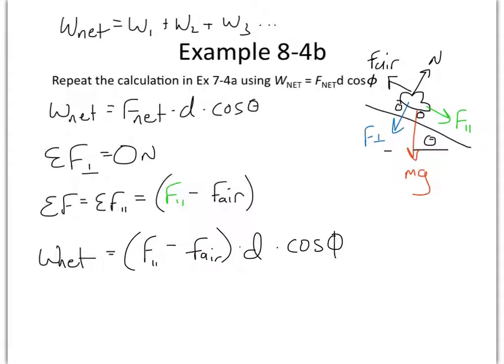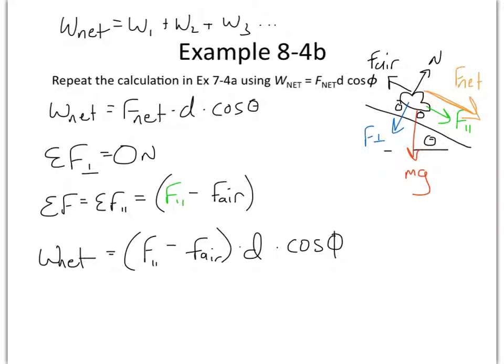Now, the angle between them will determine if the net force is acting up the hill or down the hill. My guess is that this one's going to win out, so we'll say the net force, or the difference between them, is going to be directed down the hill.